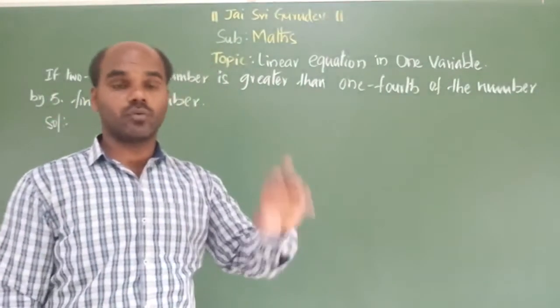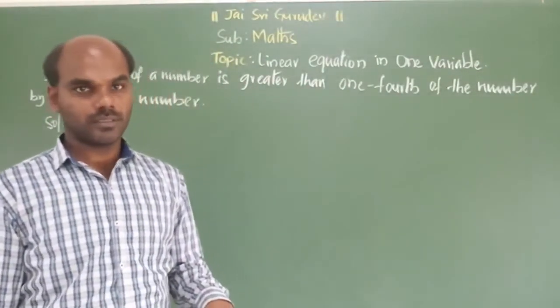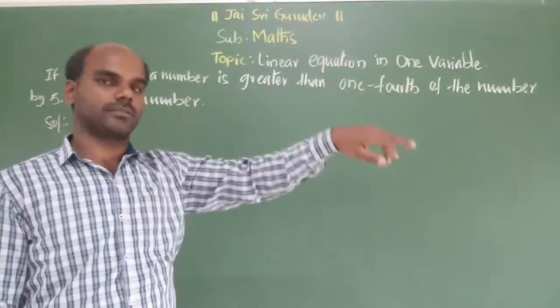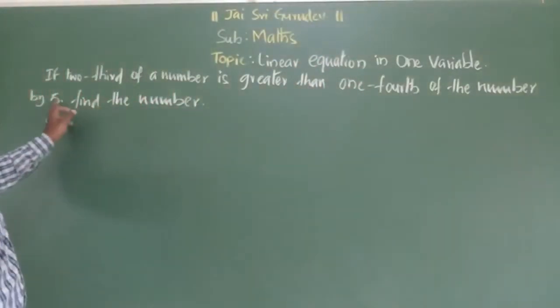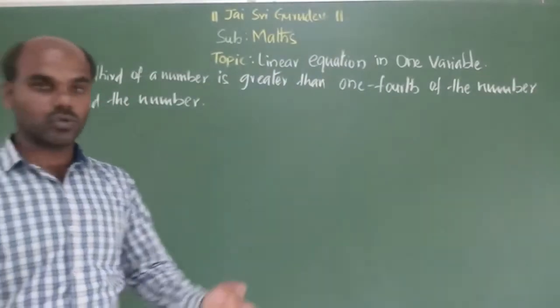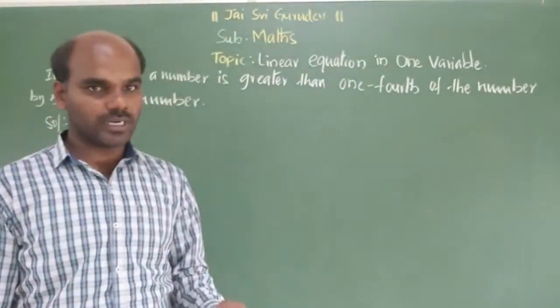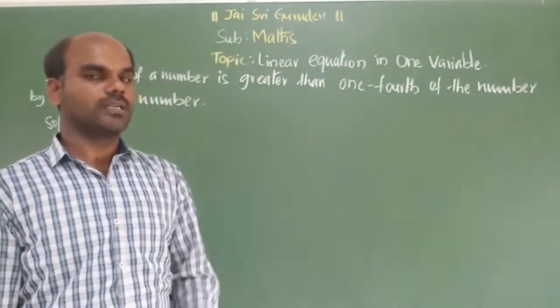So, children, let the number be x. Then two-thirds of the number is 2 by 3x, which is greater than 1/4 of the number, that is 1/4x, by 5. Greater means the plus notation, plus 5. So it will be simplified.